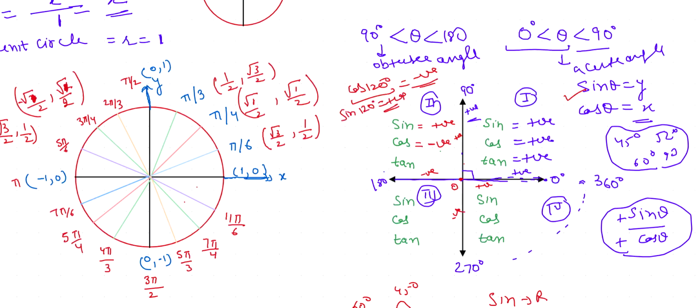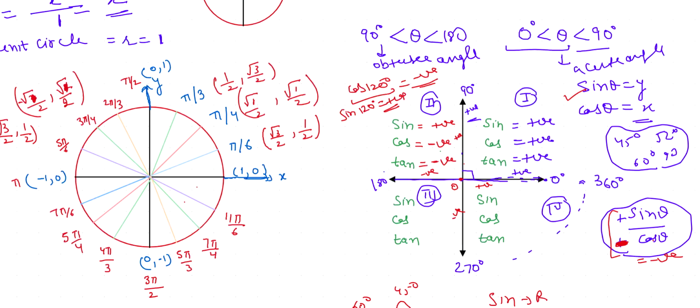Now look at the tan theta. Tan theta, again, is sin theta upon cos theta. Sin theta is positive, but here cos theta is negative. And overall, you will get the negative value. Here, the sign for the tan theta is negative. Now, coming to third quadrant.